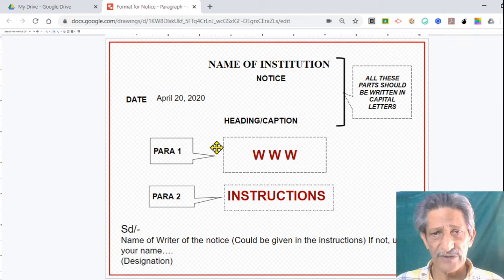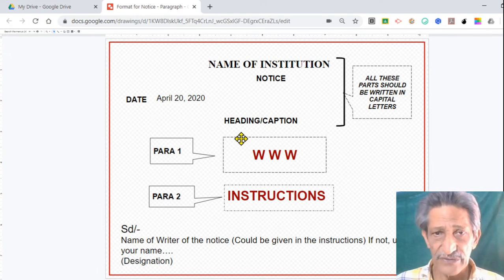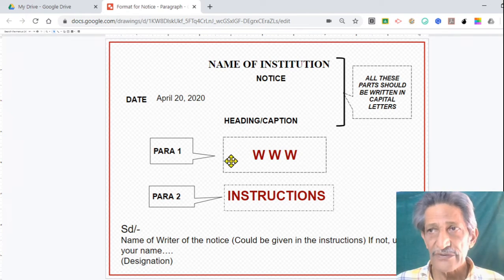However, for the board exams, to score well, this is absolutely essential. The first paragraph contains the 3 W's. Now these 3 W's, if you refer to my previous videos, that is Rayz Golden Rules, will give you a hint as to what these 3 W's are. The second paragraph should contain all the instructions, advice, or whatever is needed to be given apart from the 3 W's.